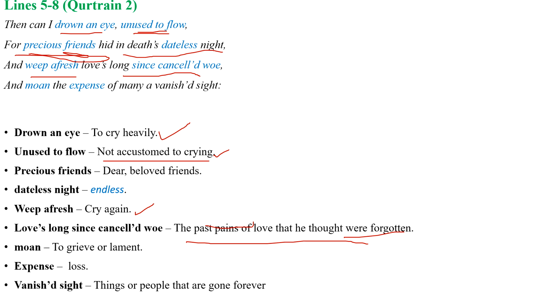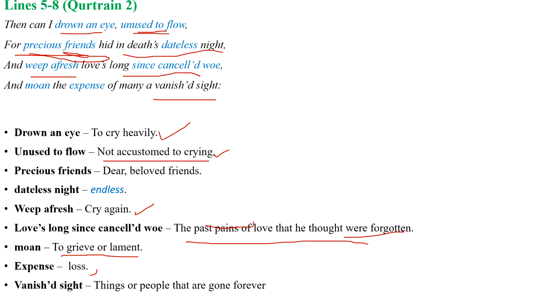So next, and mourn the expense of many a vanished sight. Here, mourn is to grieve or lament. Expense means loss. Many a vanished sight.